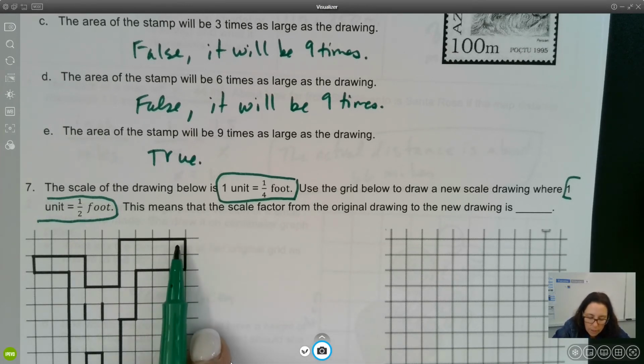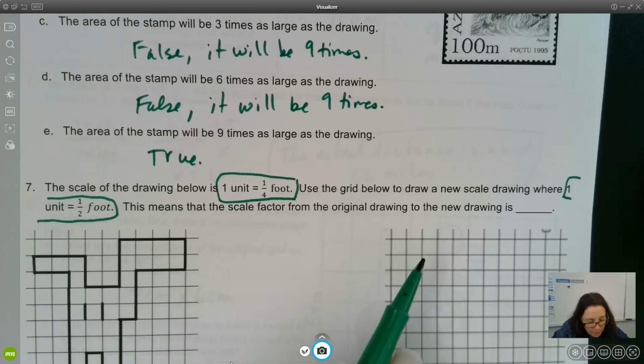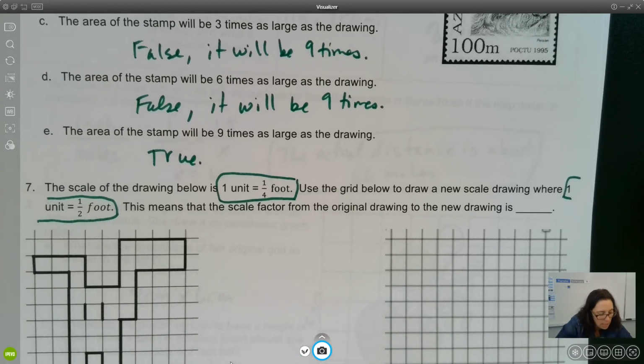If 1 unit here represents 1/4 foot, and now it's going to represent 1/2 foot, the scale factor from the old one to the new one is going to be, is this going to be bigger or smaller? Let's think about this for a minute.